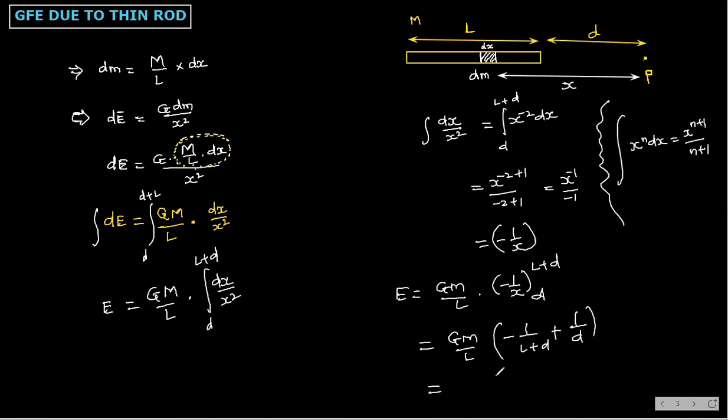So this is G M by L into 1 by d minus 1 by L plus d. Check. This is your answer for the gravitational field intensity due to this rod. This is a little bit of mathematics, you have to see this formula. I will explain again if you did not understand. Don't worry, this is a little integration we have to solve.